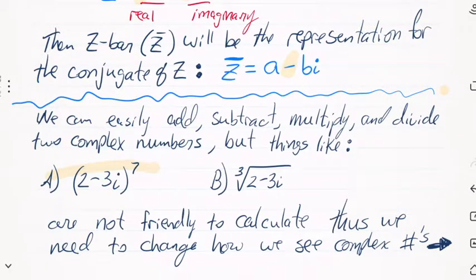It's really easy to do like 2 to the 7th, but 2 minus 3i to the 7th requires you to write out the binomial 7 times and FOIL many, many times, and distributive property way too much. And then there's another complex thing, like what if we want to take the cube root of this number? And that becomes not even calculatable in its current form. So both of them are not friendly to calculate, thus we need to change the way we see complex numbers.